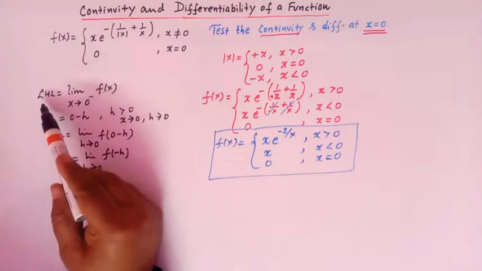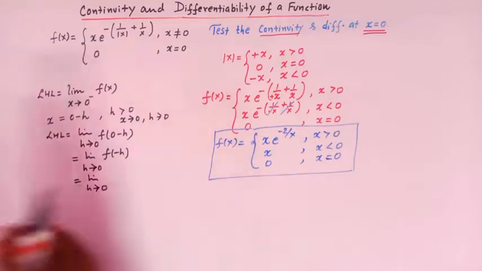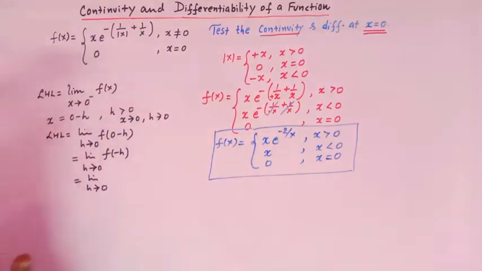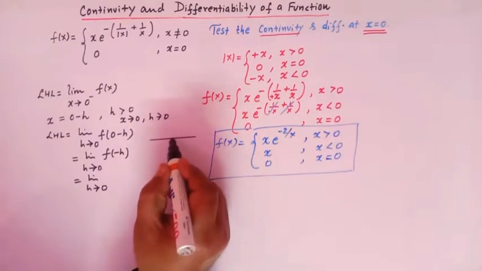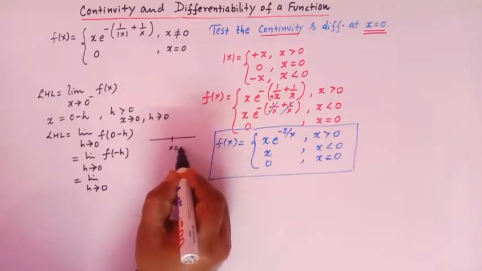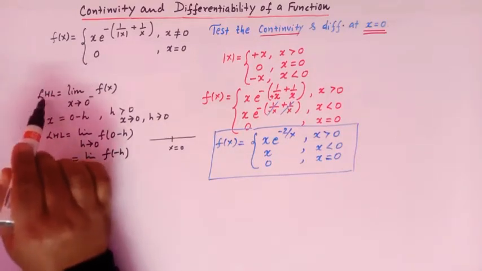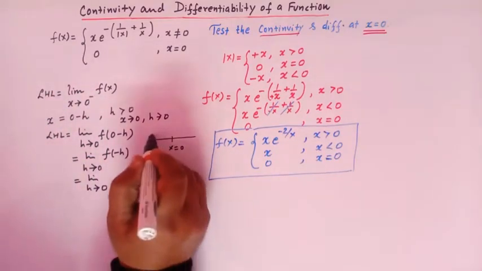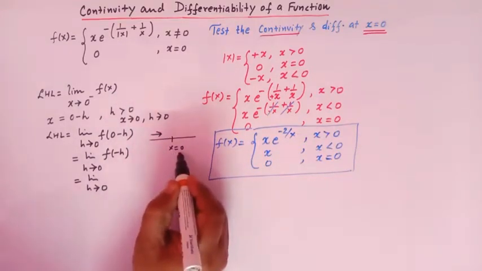since we are finding out the left hand limit, it means we are approaching from the left of 0, right? See, here we have the number line and here we have x is equal to 0. So when we are talking about a left hand limit, it means we are approaching from the left of x equal to 0.